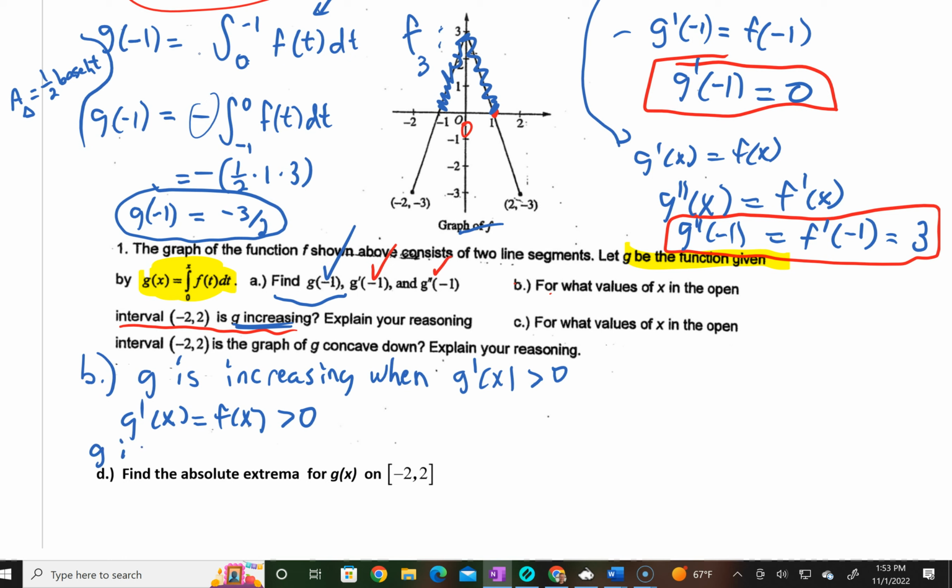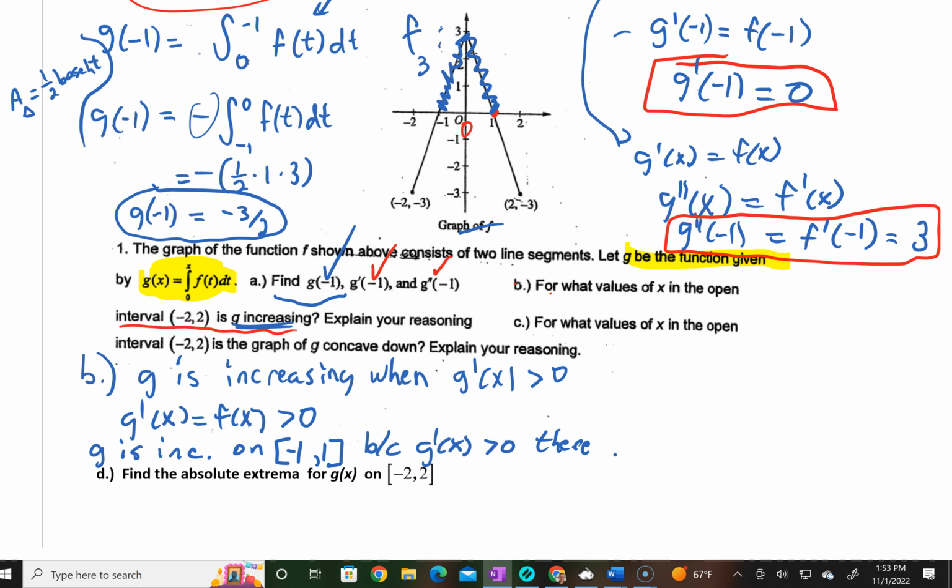You could say g is increasing on the open interval from negative 1 to 1, because they wanted us, pardon me, increasing, always put closed intervals when you're talking about where you are increasing or decreasing, right? For concavity, we always keep it open. So g is increasing on that closed interval because g prime of x is greater than 0 there.